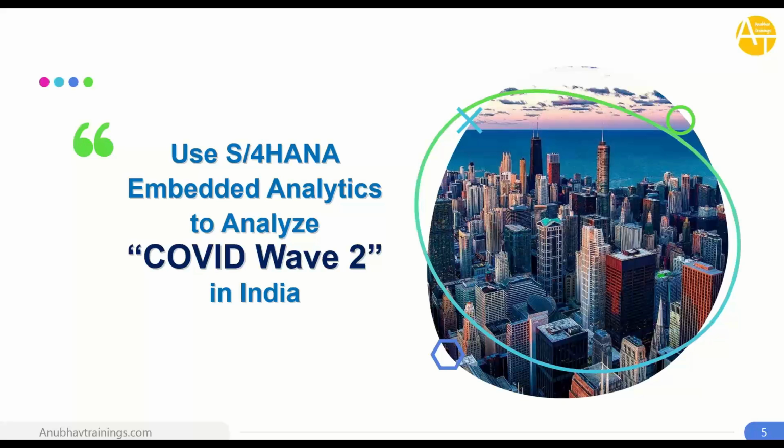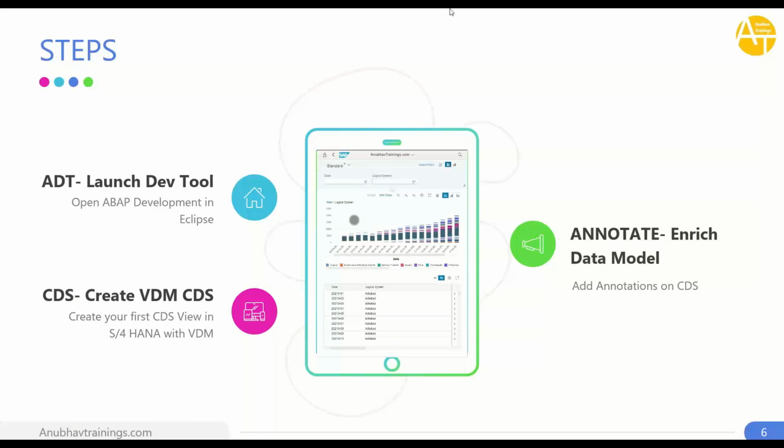On top of it, we are going to build a CDS view, add certain annotations and finally build a Fiori application. In order to achieve this goal, we are going to do it step by step. In step one, we are going to launch our development tool, the so-called ABAP development tool on Eclipse. In phase two, I'm going to create CDS views. Then in the third phase, we will annotate.